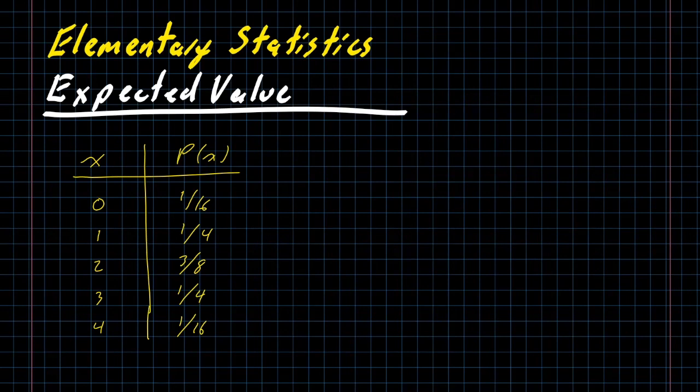You'll get 0 heads 1/16 of the time, 1 heads 1/4 of the time, 2 3/8 of the time, 3 1/4 of the time, and all 4 coins come up heads 1/16 of the time. We call this a probability distribution, but I mentioned that it can also be called a theoretical frequency distribution.